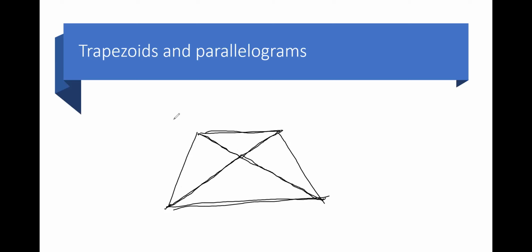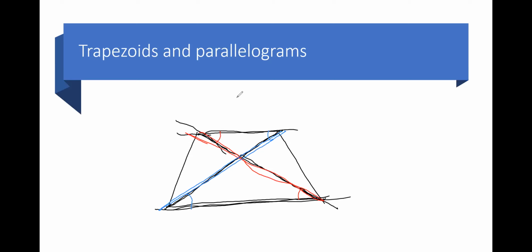Because again, we have this transversal and parallel lines, right? So if we take this transversal, let me use red here. If we have this transversal, this angle is the same as this angle, right? Because we can see the parallel lines and the transversal. If we take the other transversal right here, then this angle is congruent to this angle, right?